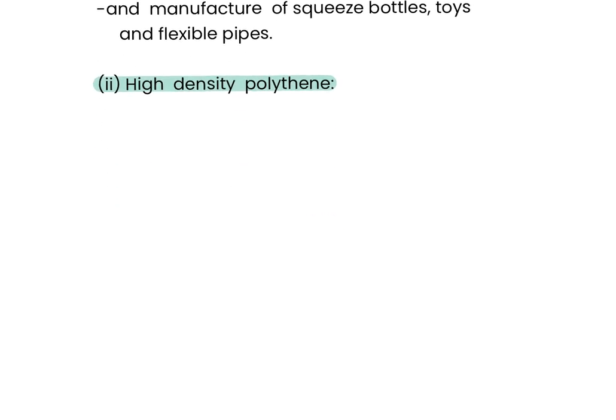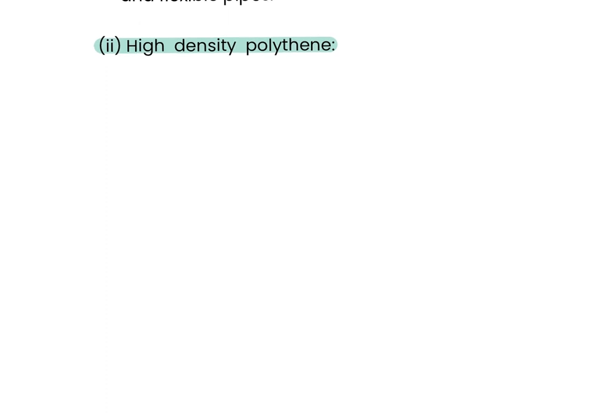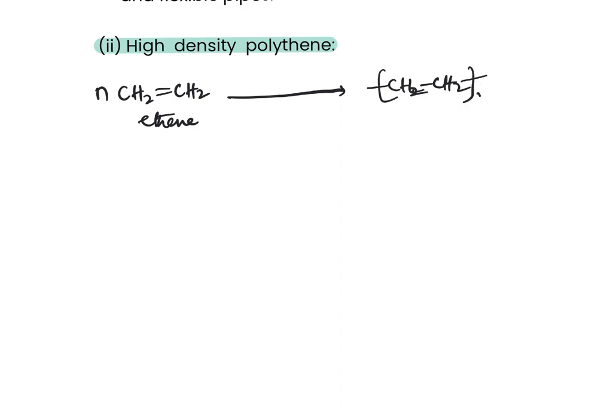Next, HDPE explanation. How to prepare this: the same equation, n number of ethene molecules, on polymerization give CH2 single bond CH2, then single bonds on both sides and take n.